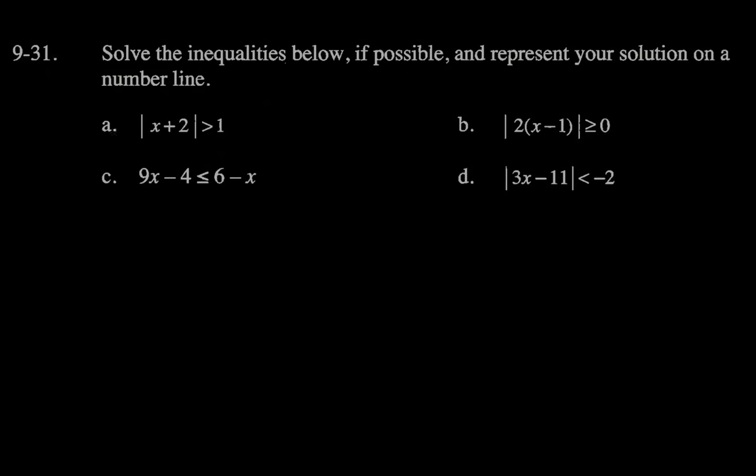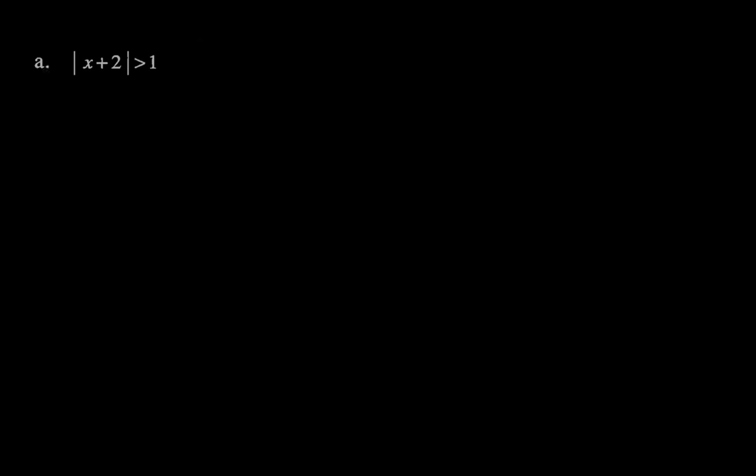It says solve the inequalities below if possible and represent your solution on a number line. Let's start with A, which is right here. This says that the absolute value of x plus 2 is greater than 1.